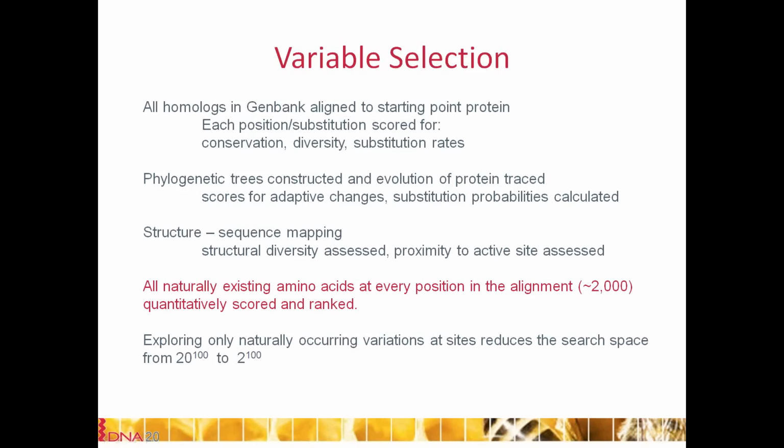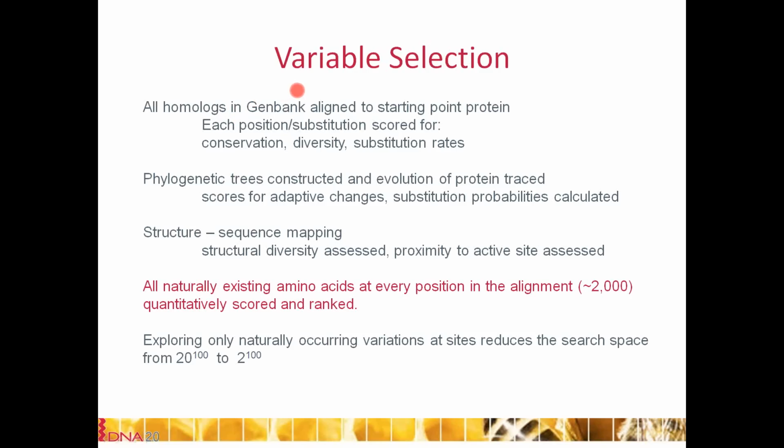In this particular example, and this is fairly generic to how we do it, we pick the gene of interest. Pfizer already had a starting point that had weak but measurable activity. So we take that gene, go into GenBank, and download all the homologs. We did this some time ago, so it was probably in the hundreds of homologs; if we did the same thing today, there would probably be thousands. Then, within that alignment, we look at every single amino acid substitution.